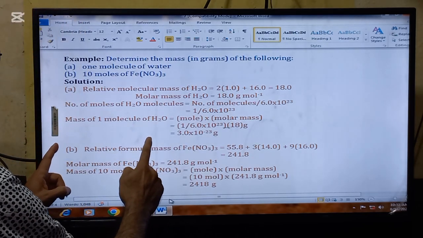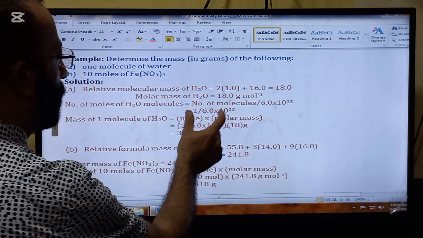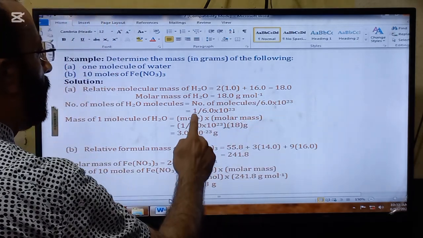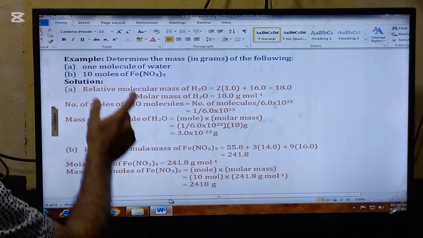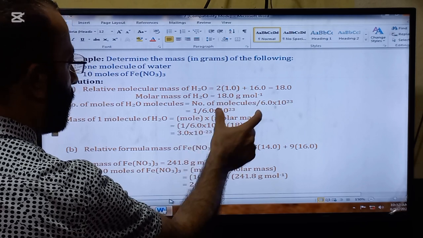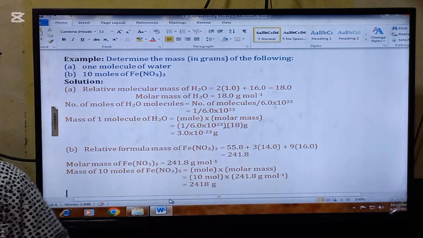Now we put the formula for moles. The number of moles will be equal to the number of molecules over 6 multiplied by 10 raised to the power 23. Because the number of molecules given is 1, it is 1 over 6 multiplied by 10 raised to the power 23. This is another formula for finding the number of moles. So this is the number of moles of H2O.